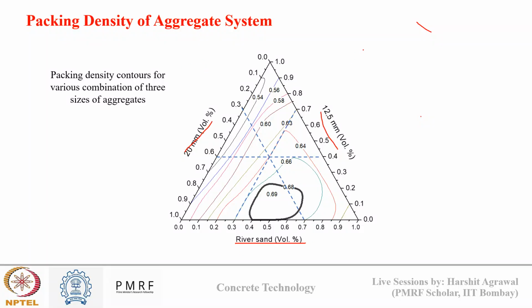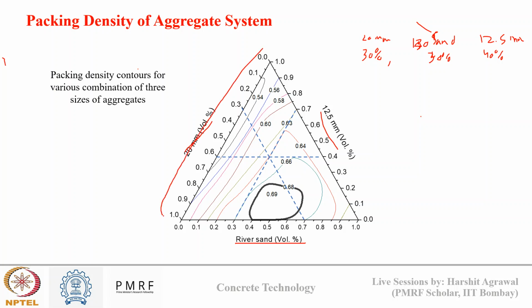Suppose you are taking a combination of 30% 20 mm aggregate, 30% river sand, and 40% 12.5 mm aggregate.